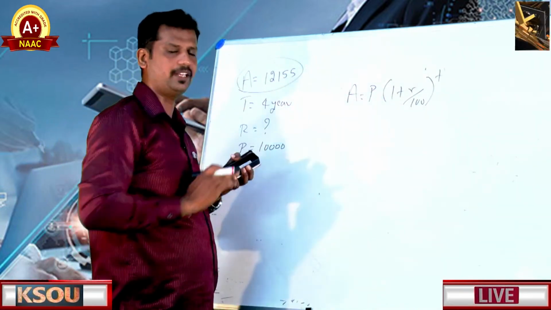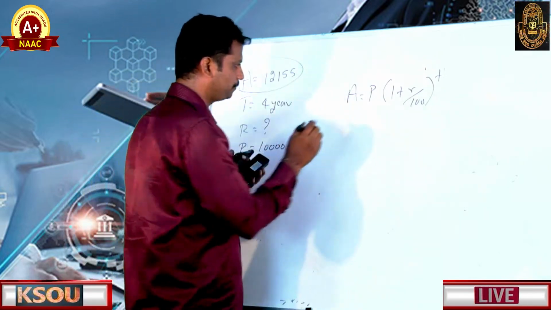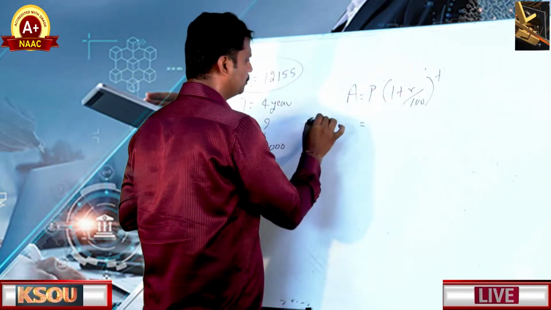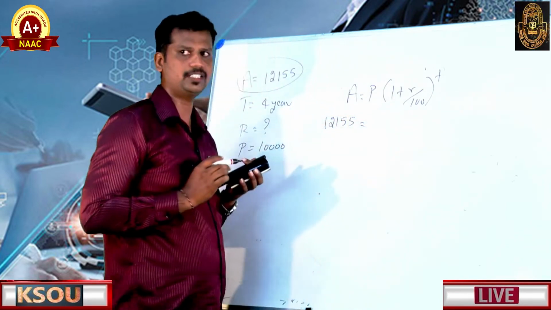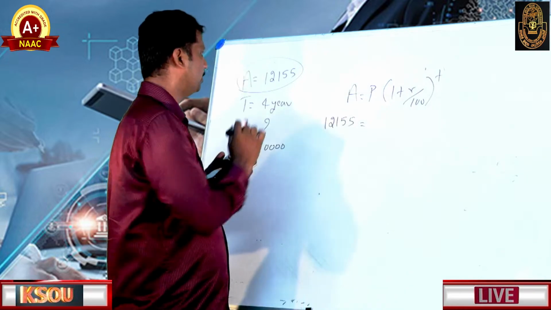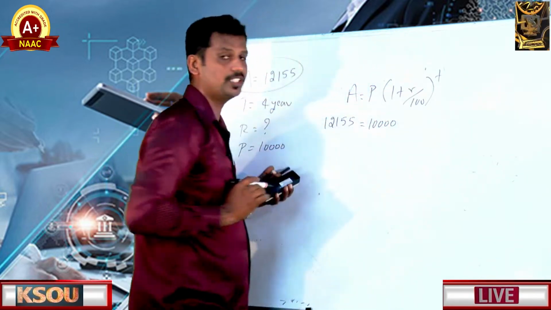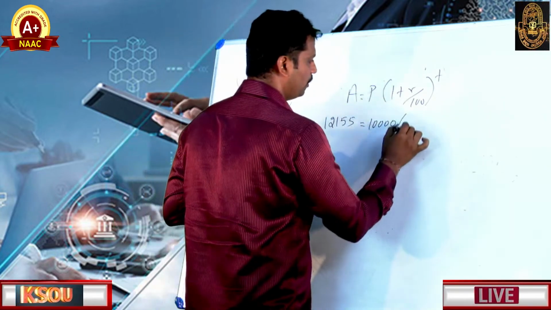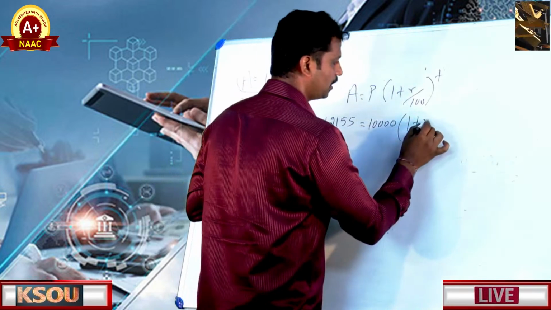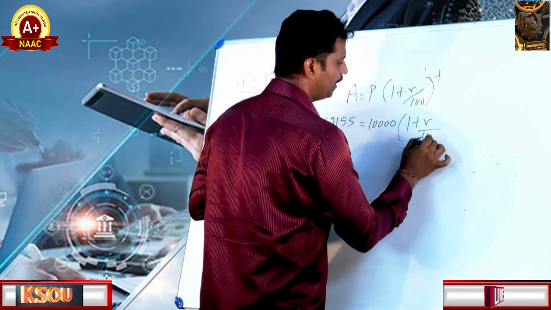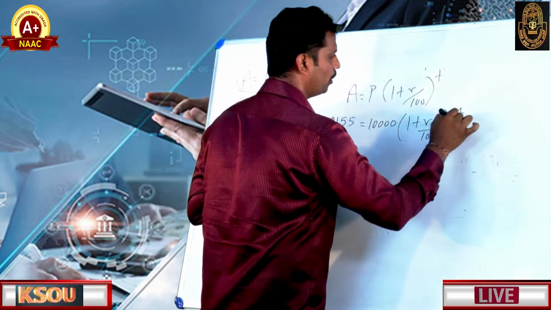So just use the same method you used to find the principal amount. What is the A value? 12,155. What is the P value? 10,000. Then 1 plus, what is the R value? We don't know the R value. R divided by 100. What is the power? 4.